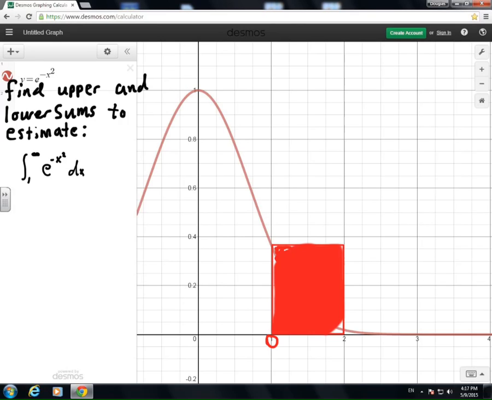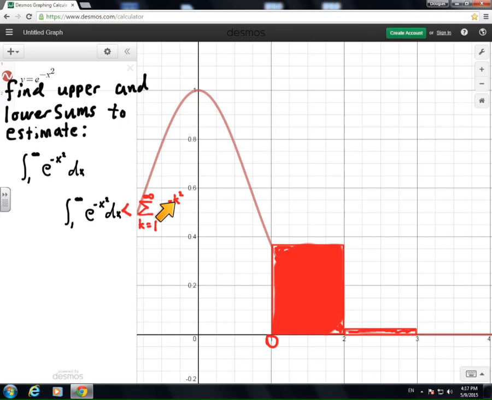So the next rectangle will be right here, which again we put in 2 for x, we go up to the function, we make a rectangle, and we calculate its area. And then we take x equals 3, go up to the graph, make a little rectangle, and calculate its area, and do that forever. The way to express that as a sum is to write this: the sum as k goes from 1 to infinity of e to the negative k squared.